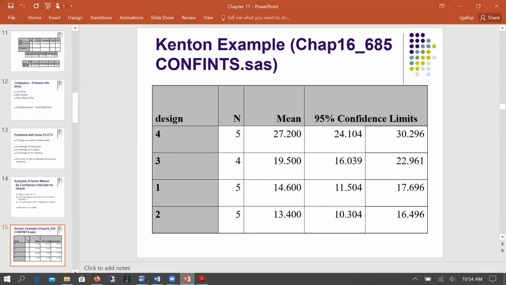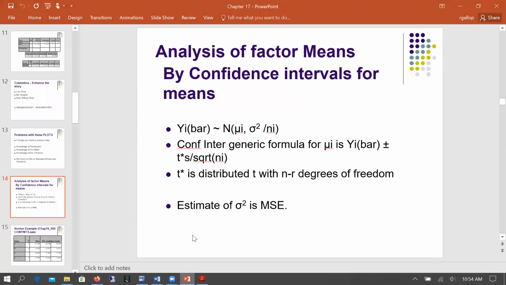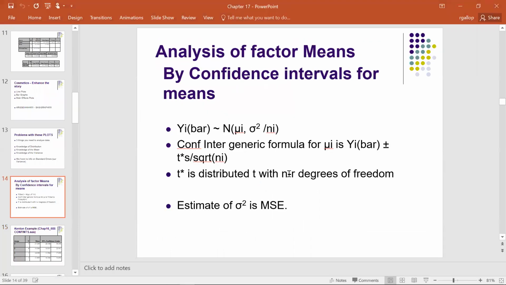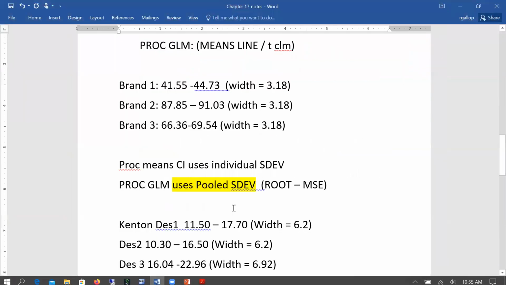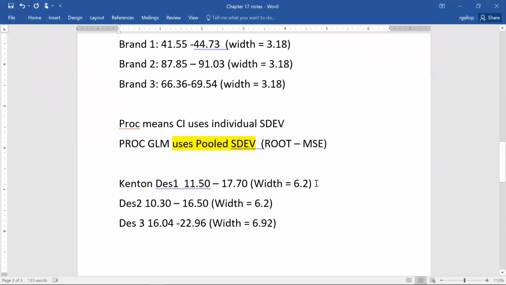Go back to our formula, right? So remember our formula, the T is going to have N minus r degrees of freedom, so the T is the same. The S is estimated by the root MSE, the square root of 1 over n_i. If you guys remember, the n_i is the number of observations within that level. If you guys remember with the Kenton data set, the Kenton data set had the situation that the cell sizes were 5, 5, 4, 5.